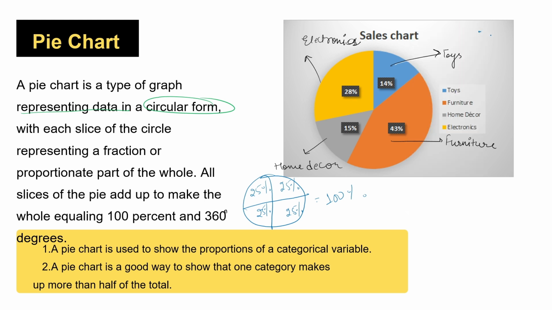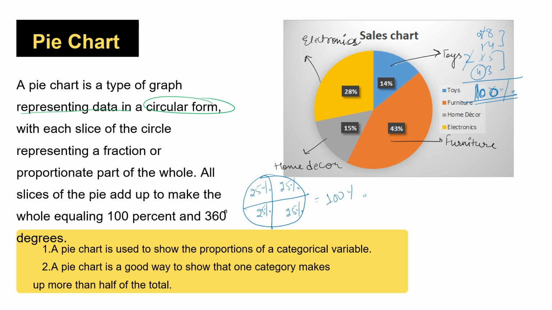Here we have 28, 14, 15, 43. If we add them, 12 and 8, that is 20, 4, 5, 6, and 6 plus 4 is 10, and the total makes it 100. So this is what we get after adding the percentages of the slices.